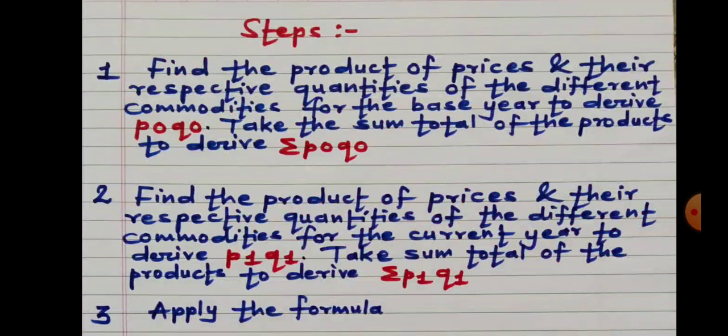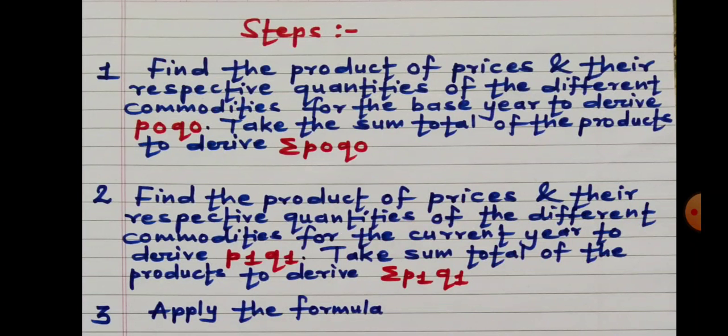Now let us see the various steps in the construction of the value index number. Number one is to find the product of prices and their respective quantities of the different commodities for the base year to derive P0Q0, and take the sum total of the products to derive sigma P0Q0.